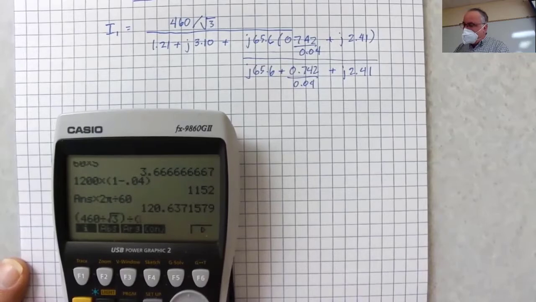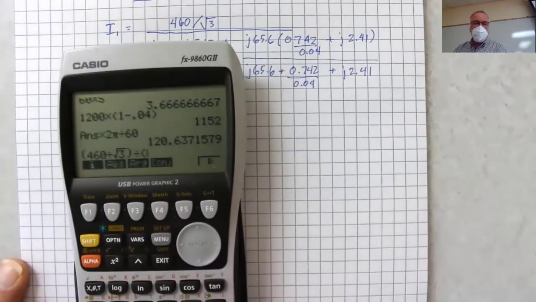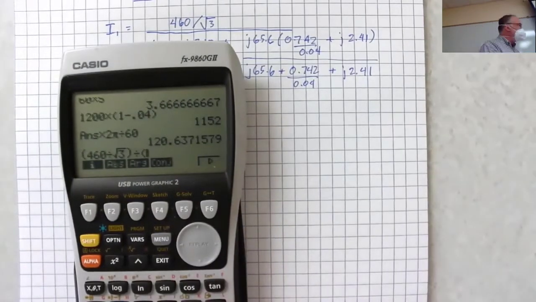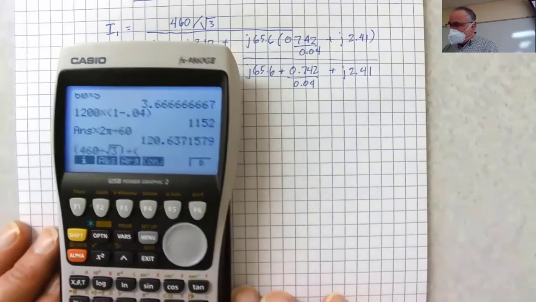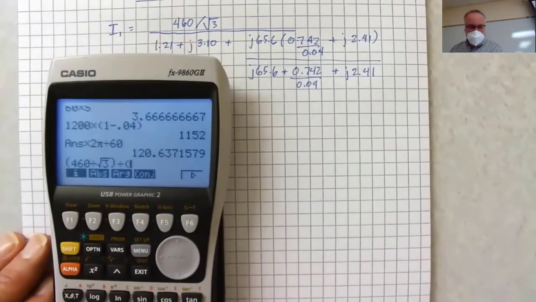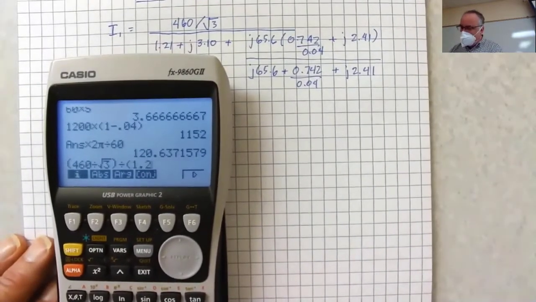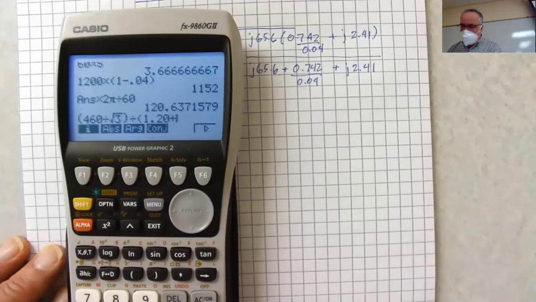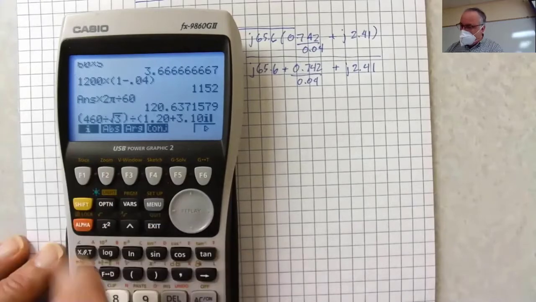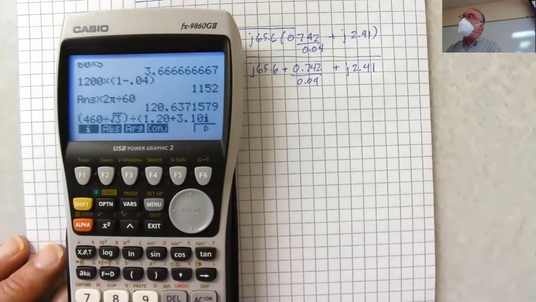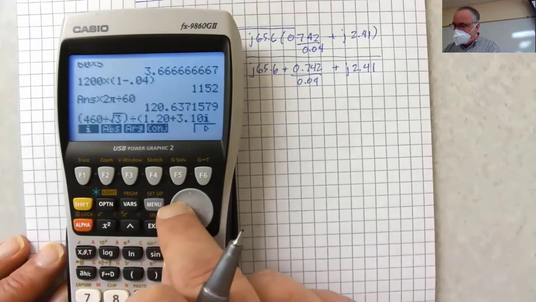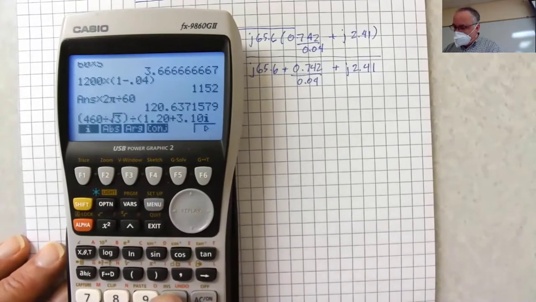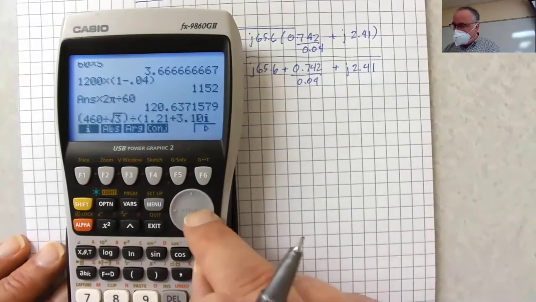Okay. So 460 divided by the square root of 3. And I'm just going to put a lot of parentheses in just so there's no question about things. Okay. 1.21 plus 3.10i. Yeah, we put 1.20. Oh, see? Got to keep a close eye on me.